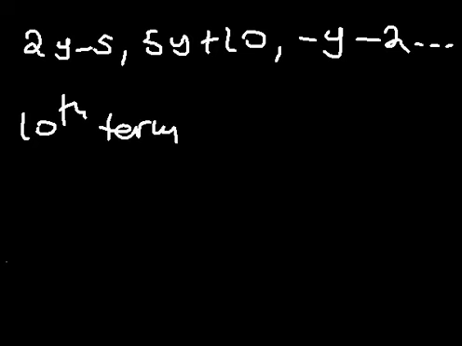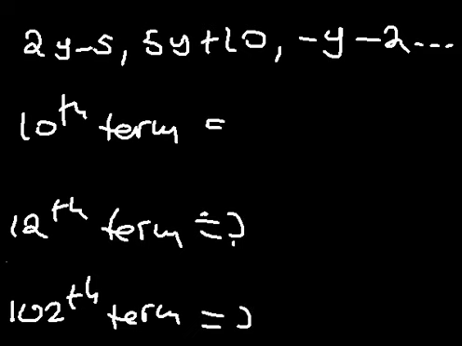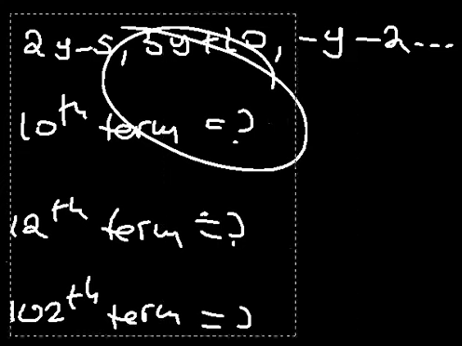And also, what is the 12th term? And also, let's say, the 102nd term? Try to do it in the same way that we have discussed here. So bear that in mind.